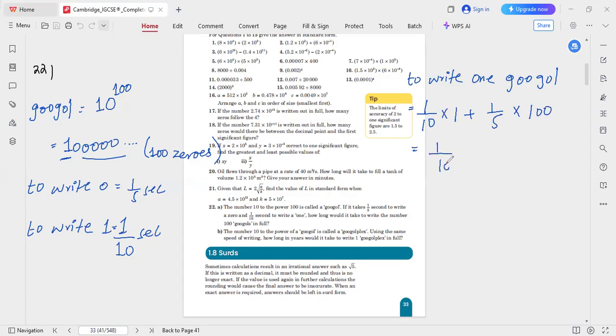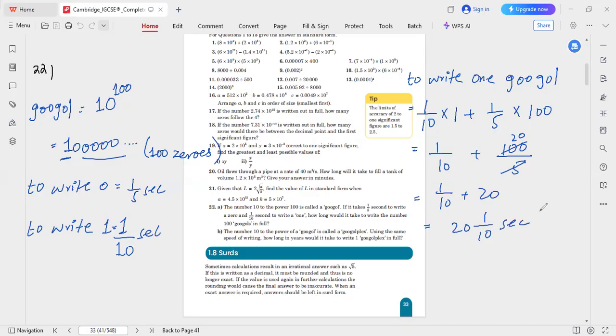So 1/10 times 1 will be 1/10, and this will be 100/5. Since we use the one only once, I'm just multiplying it with 1. And 100 divided by 5 is 20, so plus 20 and 1/10. To write down one Google, it takes this many seconds.